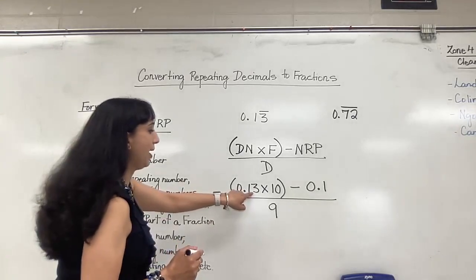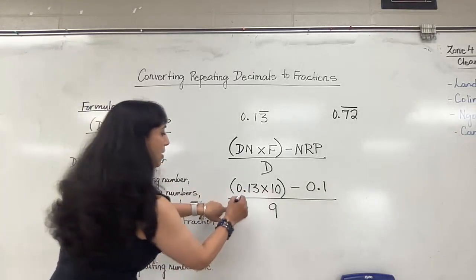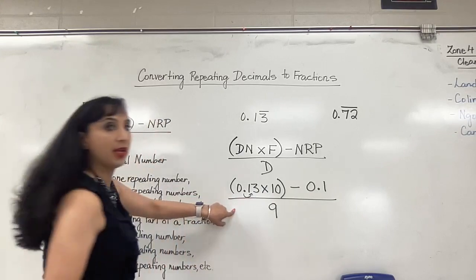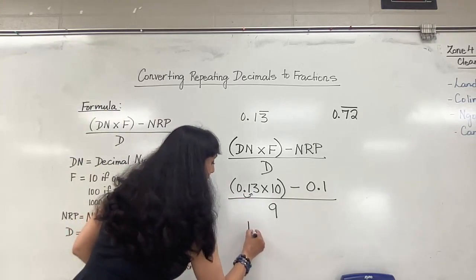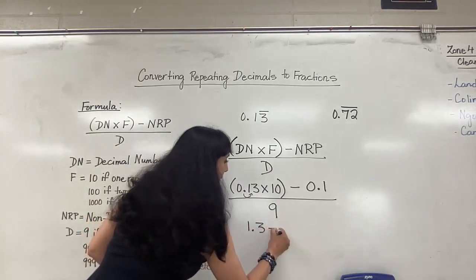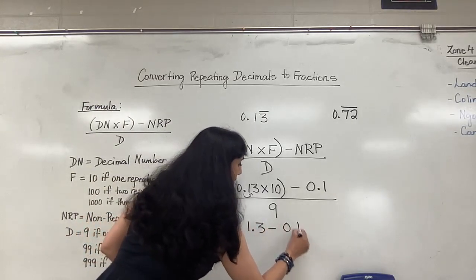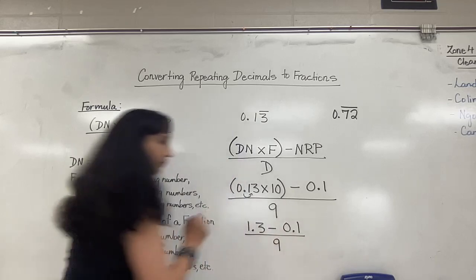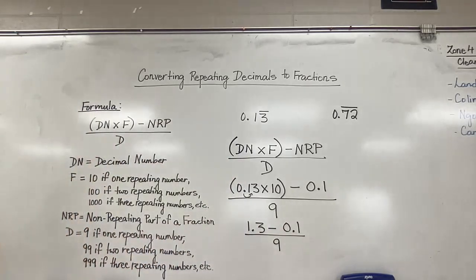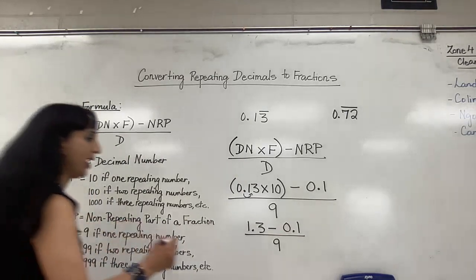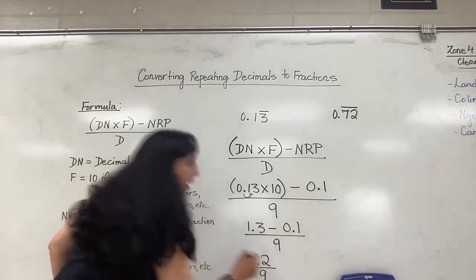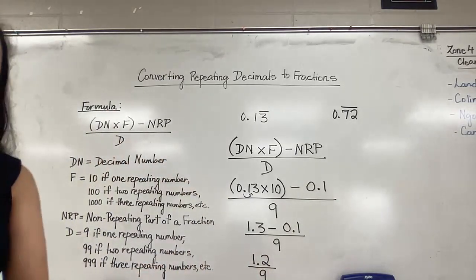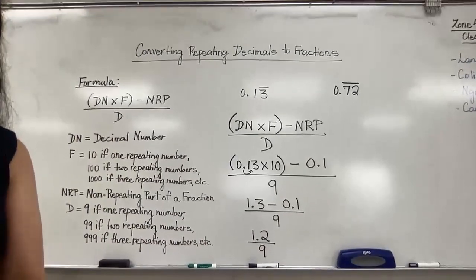If I multiply 1300 by 10, this is going to become 1 3/10 minus 1/10 divided by 9. And 1 3/10 minus 1/10, I am going to get 1 2/10 divided by 9.